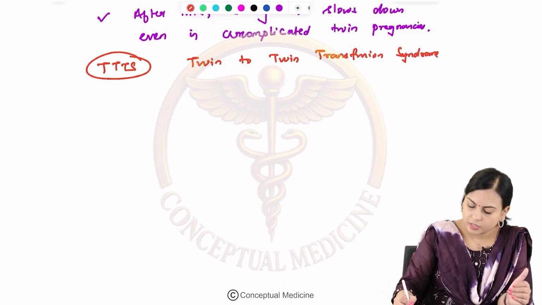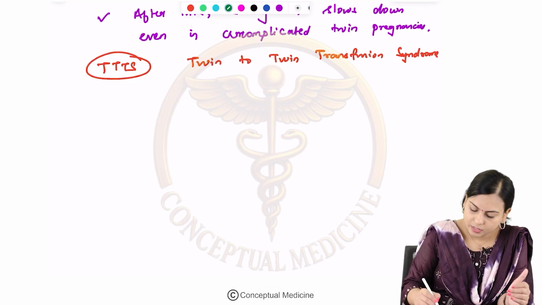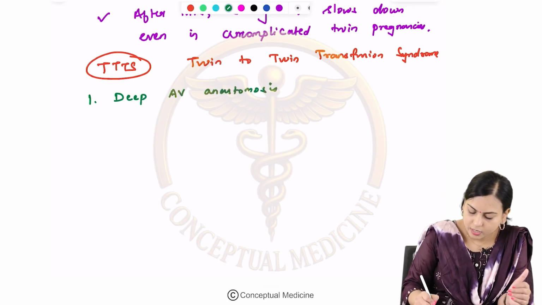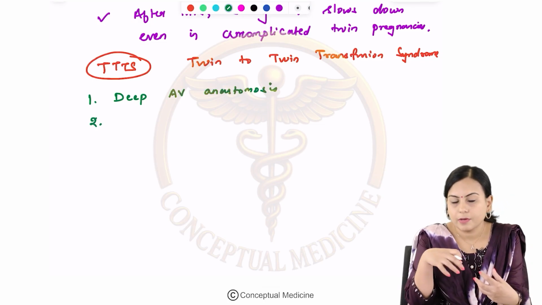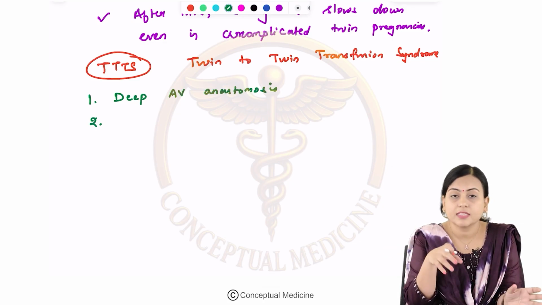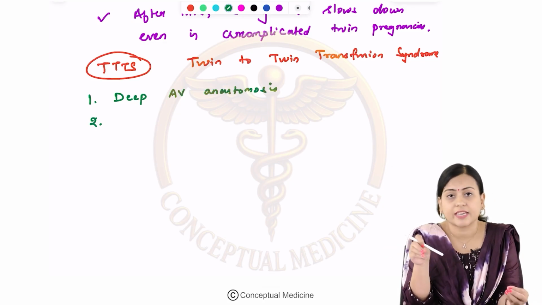Okay. So here we'll be having deep arteriovenous anastomosis. What happens is the blood will be flowing from one twin to the other twin. That means the flow will be in a single direction only.